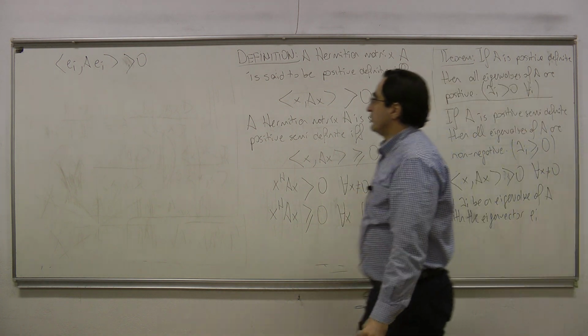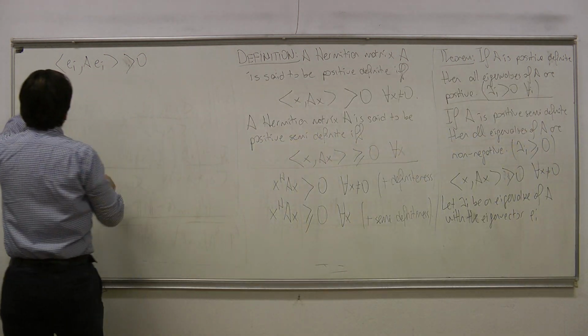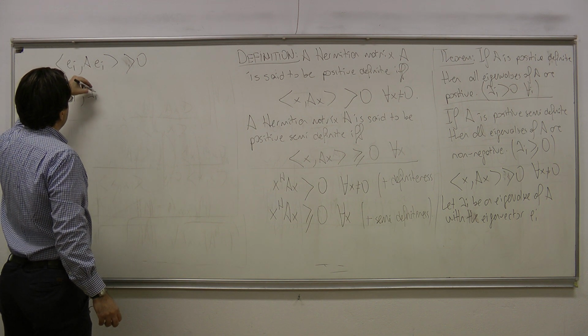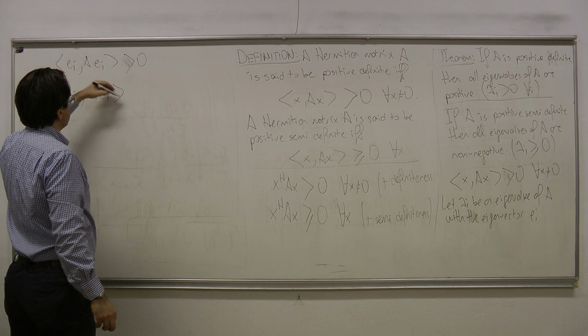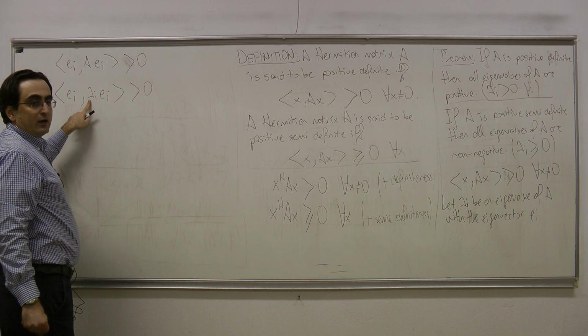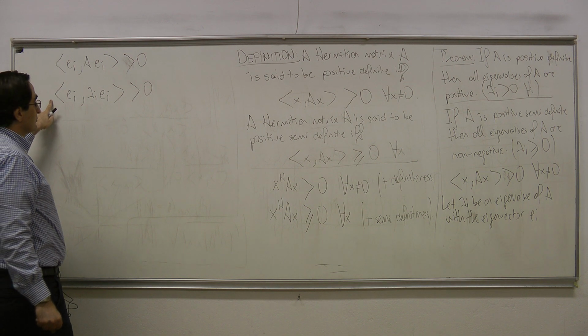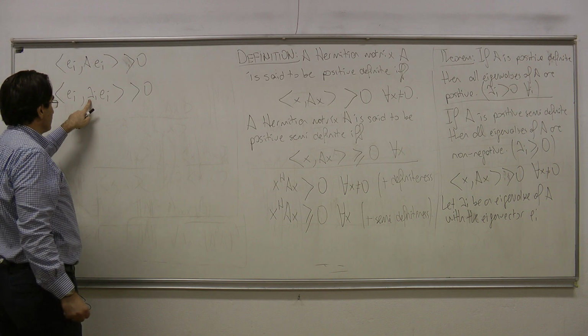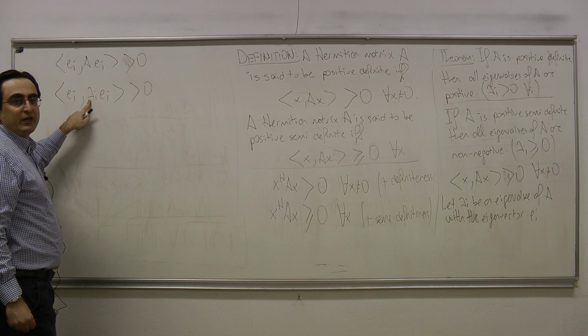And now I'm going to write what A times e_i is. A times e_i is lambda_i times e_i, because e_i is an eigenvector. This is positive. And I can take this lambda_i outside by taking its complex conjugate. But this A is a Hermitian matrix, so all of its eigenvalues are real.